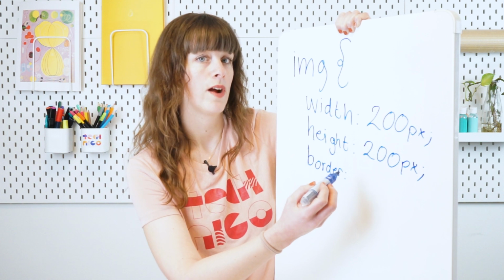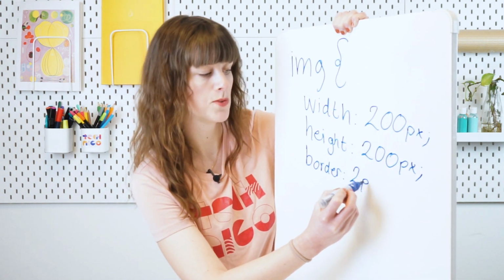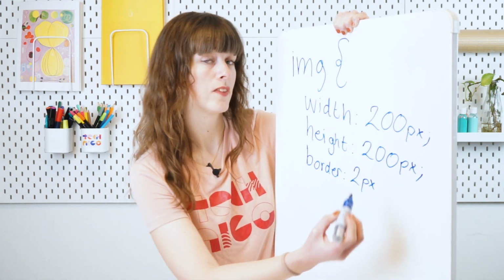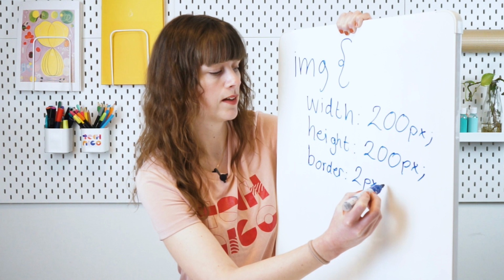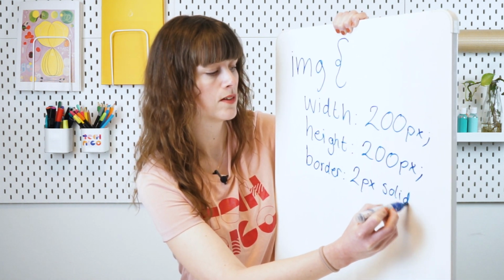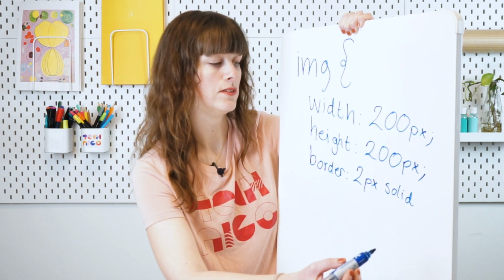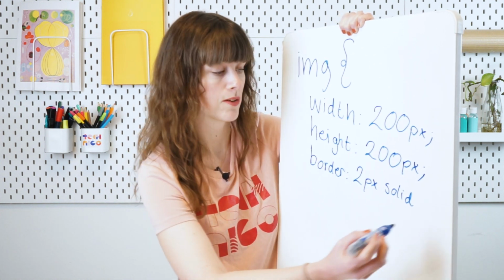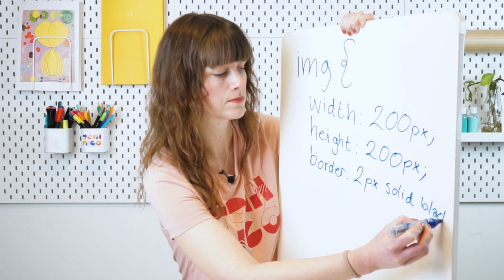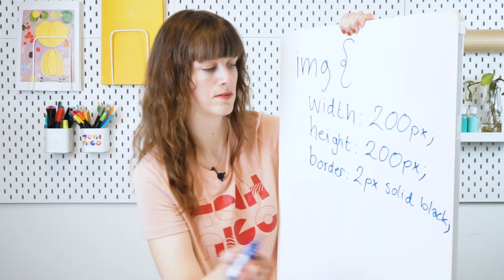First I will write the size, which is maybe 2 pixels is enough. Then I will write the style of the border, and I will go for solid. Then the color of the border, and I will just go for black right now. And end it with a semicolon.